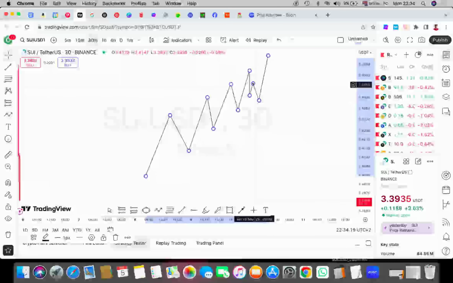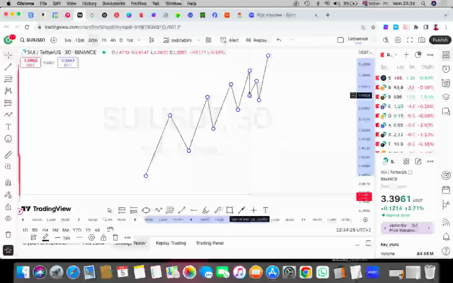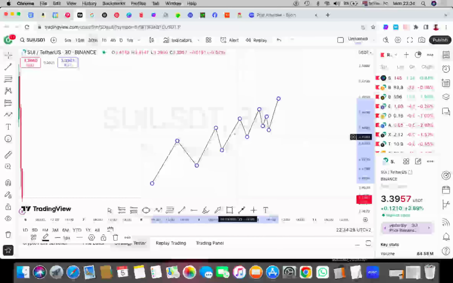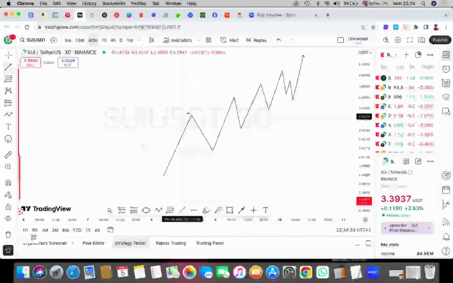Even though this drawing is a little rough, let's just draw it like this. So we know that, okay, we have our break of structures like this.